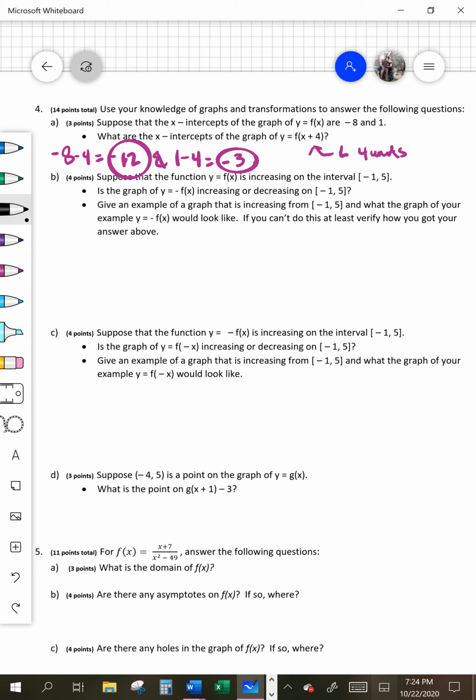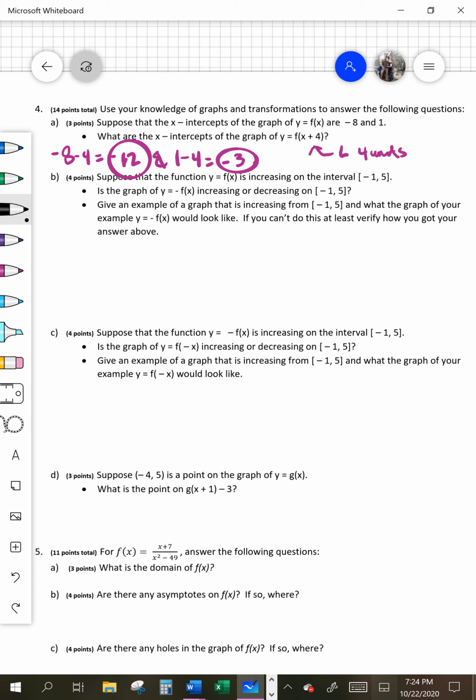So part B says, suppose that the function y equals f of x is increasing on the interval -1 to 5, including those endpoints. Is the graph of y equals negative f of x increasing or decreasing on that interval -1 to 5? And then give an example of a graph that is increasing from -1 to 5, so that could vary.